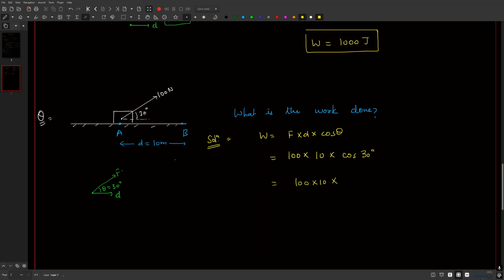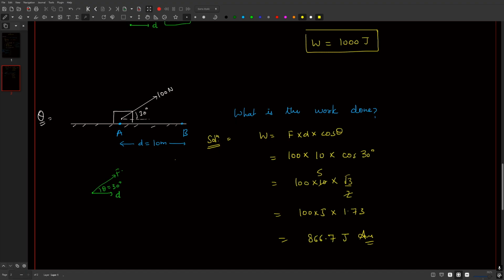So 100 times 10 times cosine 30 degrees, which is root 3 over 2, which can be written as 1.73. So this is 500 times 1.73. You can simplify this and we get a value of 866.7 joules. That is going to be the answer.